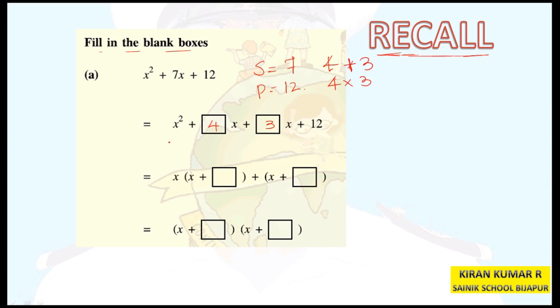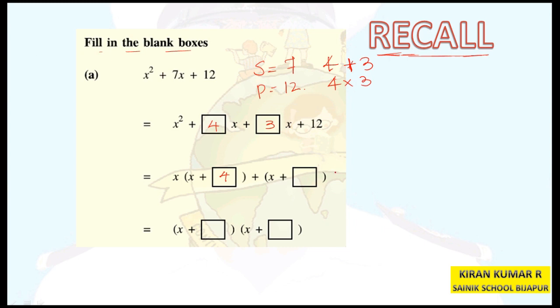In these two terms, there is x common. So x is taken common. So x plus 4 remains. Plus here x plus dash. What should be written here? In this 3 is taken common.